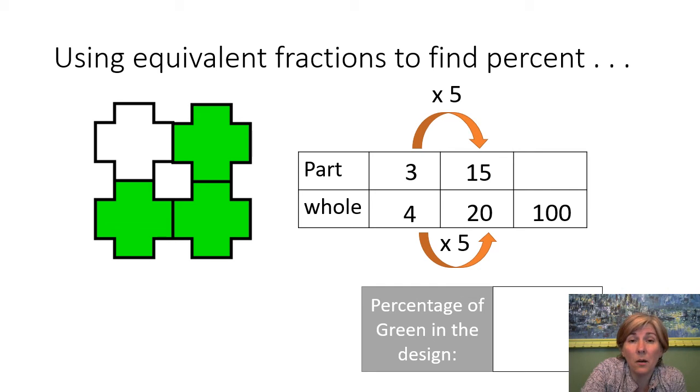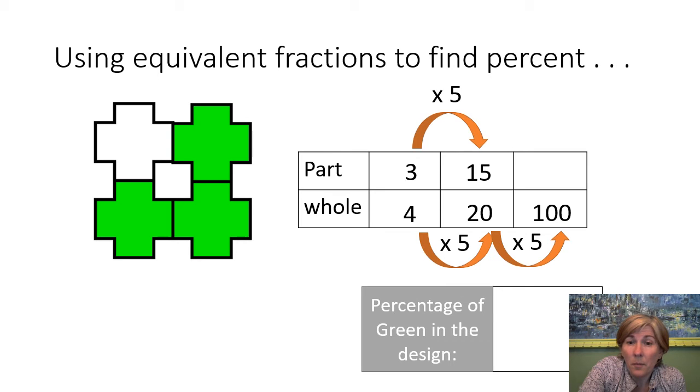So from here, I've done part of the way to 100. So now I have to say, okay, what am I going to times? I'm going to look at that bottom number again. What am I going to times 20 by to get me to 100? Okay, well, 5 20s give me 100. So I'm going to go 20 times 5 is equal to 100.